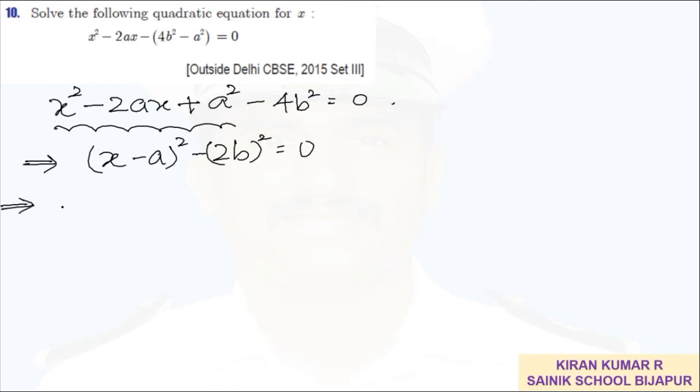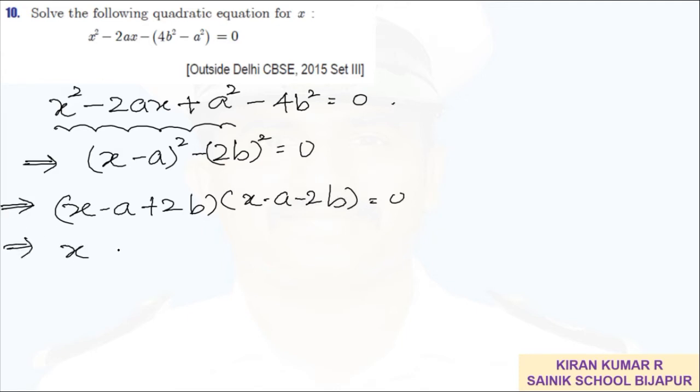Now make use of a square minus b square identity. So x minus a positive 2b multiplied to x minus a negative 2b equal to 0. Therefore, the value of x will be a minus 2b, or it is a plus 2b. These are the values.